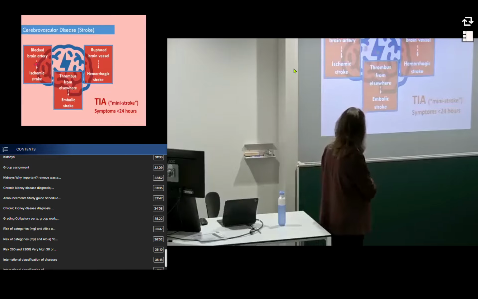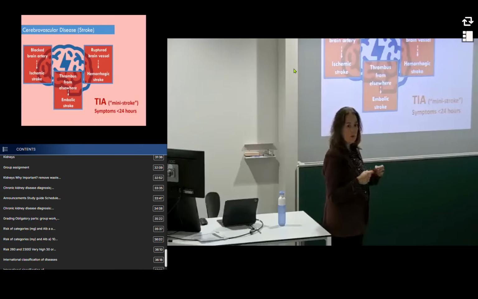You have the blocked brain artery. That causes an ischemic stroke. The word ischemic means lack of oxygen supply. Then you get ischemia. Then the thrombus that I just explained, when it comes from elsewhere, is an embolic stroke.